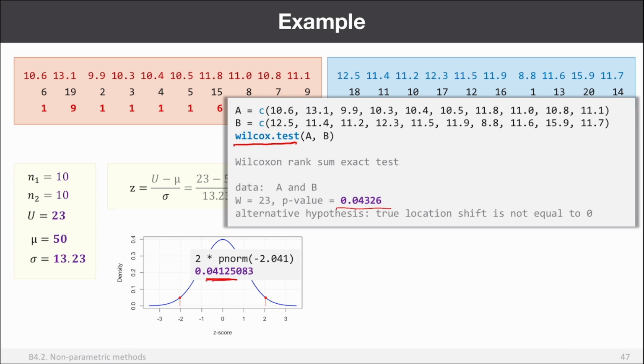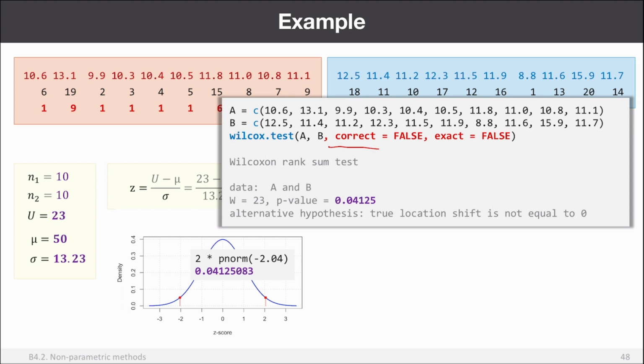Because it's exactly the situation where we cannot use the normal distribution, so therefore this function wilcox.test has some adjustments for the small sample size. I can turn off these adjustments if I simply say correct equals FALSE and exact equals FALSE. In this case, it will not use these adjustments, it will use just a direct normal distribution. And in this case, you can see that indeed the p-value is the same as we got here. Okay. But of course, don't do it in reality. If you have a small sample size, it's a good idea to adjust the p-value.